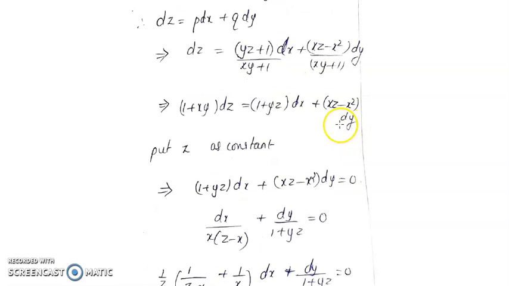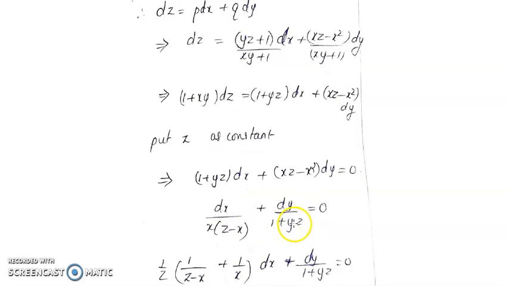Okay. So I'll take here z to be a constant. So when z is constant, dz is 0. So you are going to get 1 plus yz dx plus xz minus x square dy. So you can simplify it as dx by x into z minus x plus dy by 1 plus yz.